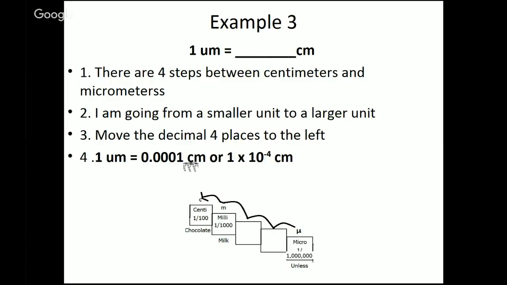And again, if we wanted to, we could express that in scientific notation, 1 times 10 to the negative 4 centimeters. The reason that I like the ladder method so much is that once you've memorized the ladder, you really can move pretty easily through the metric system by just remembering the order in which the prefixes fall.